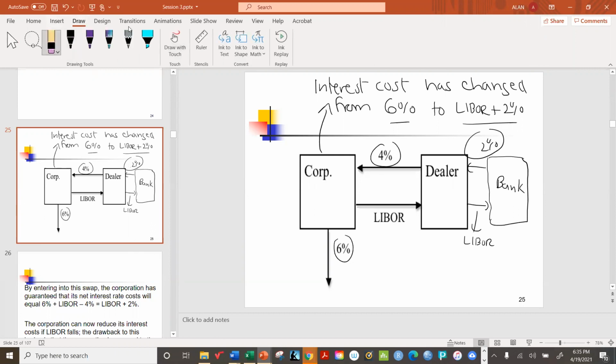Well, that means that they made 0.2% or 20 basis points in the swap. Now, by the way, I'm assuming that no defaults take place when I calculate these profits. If there's a default, then anything could happen. If not, then the dealer has locked in 0.2% per year for the next so many years, based on the original notional principal.